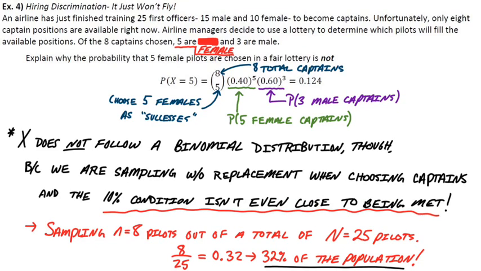You know, if we were just selecting 2 pilots, well, that would be less than 10% of 25. But since we're selecting 8 pilots to be captains, we're selecting 32% of the population. That's way over the 10% condition, so that doesn't work here. So this 0.124 answer would be incorrect for sure.